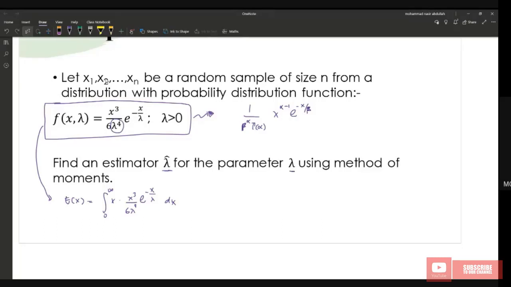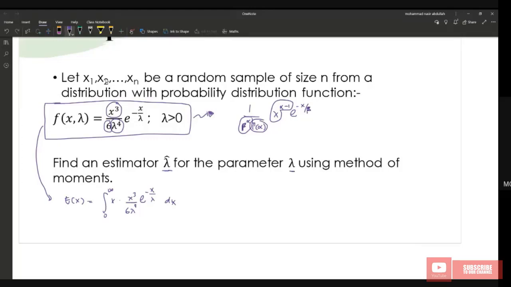Let's say alpha equal to 4 is this part, and 6 is equal to gamma of alpha. And x to the power of alpha minus 1 is this one, right? If you can match this one.